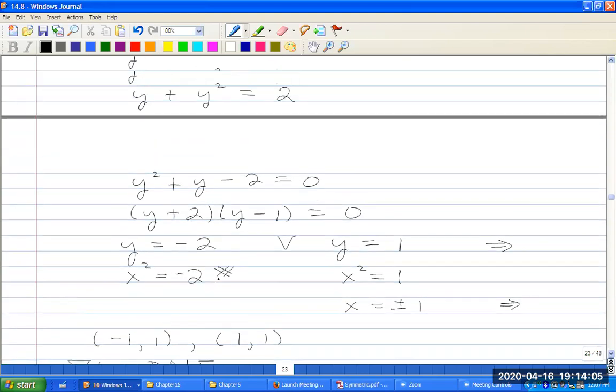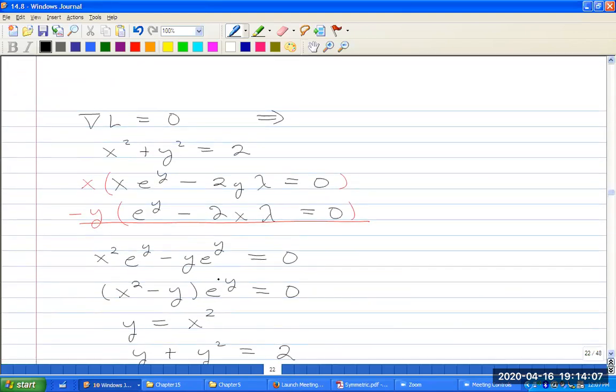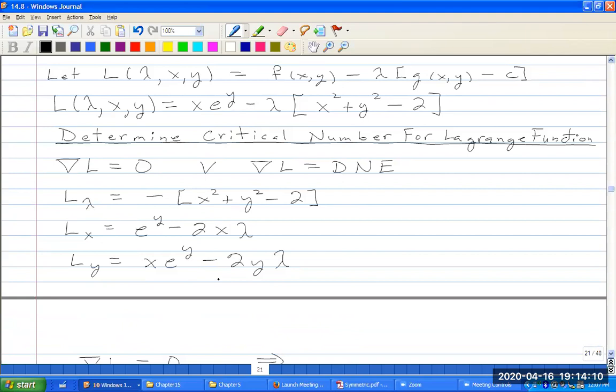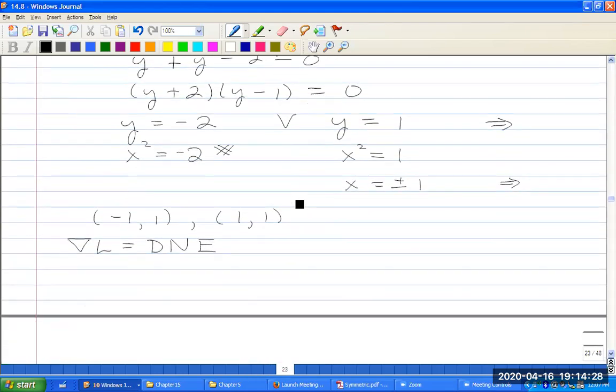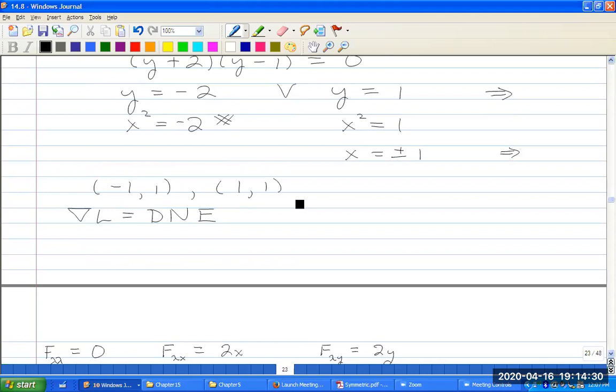Well, this is just a polynomial times e to the y, so this gradient either involves polynomials or exponentials times polynomials. So this is going to exist everywhere. And so therefore, we don't get anything from having the gradient not existing.